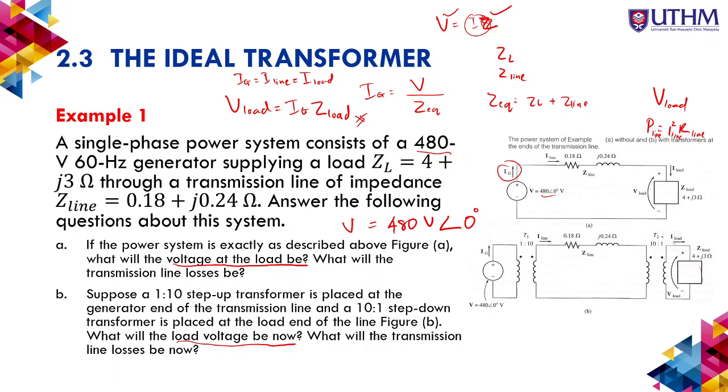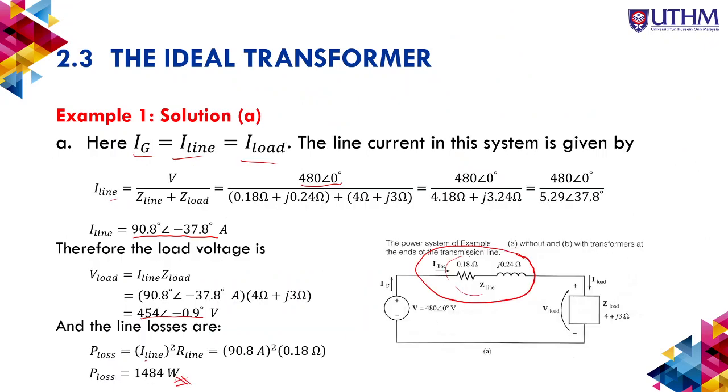We transfer first to the transmission line, and then we get the equivalent Z, and then we transfer to the distribution or the power plant, the generator side. So we need to do referring two times. Okay.